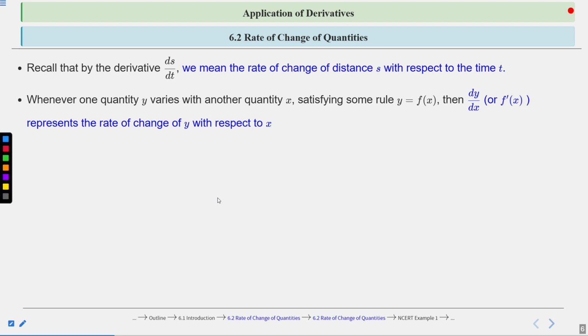Whenever one quantity y varies with another quantity x, satisfying some rule y is equal to f of x, then dy by dx or f dash x represents the rate of change of y with respect to x, okay?